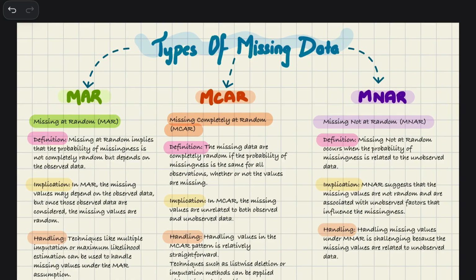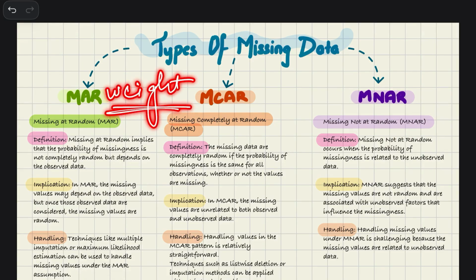Then we have MAR, which stands for missing at random. The missing value isn't purely random, but its missingness can be entirely explained by another variable that is visible in the dataset. For example, there is a survey which tracks weight across gender.